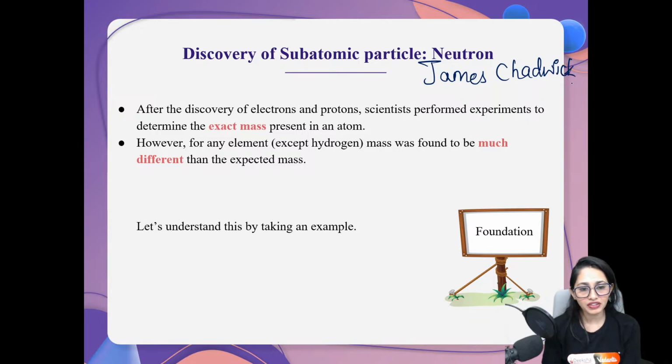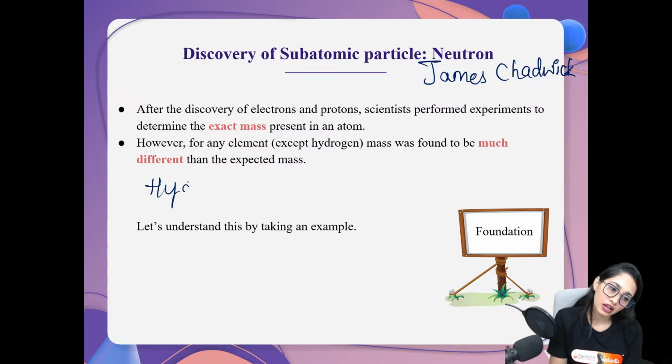After the discovery of electrons and protons, scientists performed experiments to determine the exact mass present in an atom. However, for any element, mass was not found to be much different than the expected mass, except for hydrogen. Because hydrogen doesn't have any neutron.